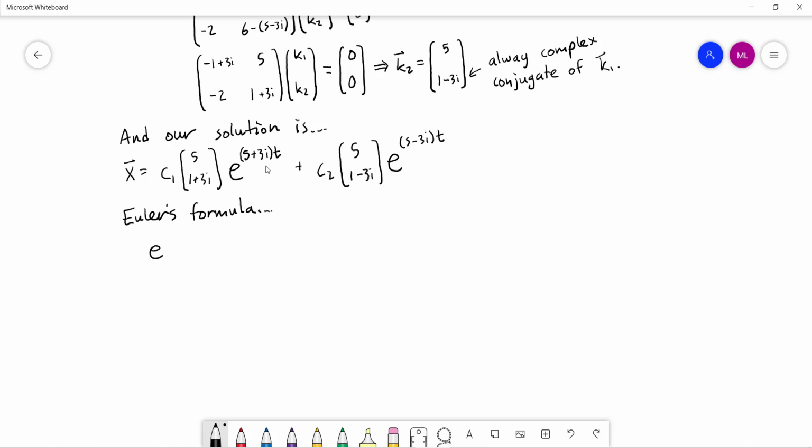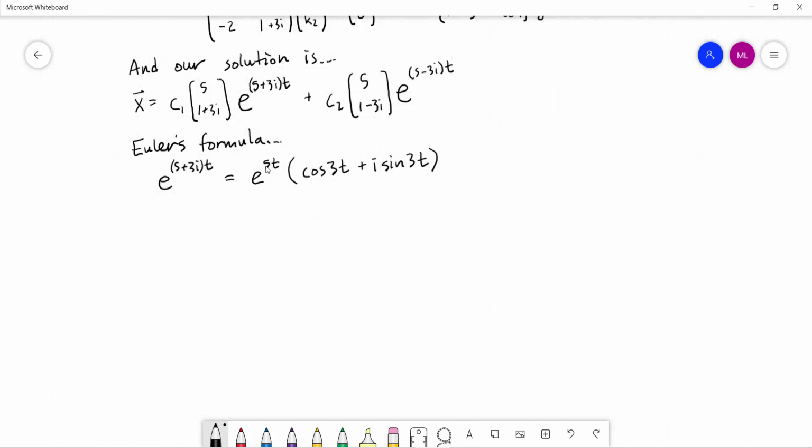We know that basically e to the 5 plus 3i t is really e to the 5t times cosine of 3t plus i sine of 3t. And the other one, e to the 5 minus 3i times t, will be e to the 5t, and for its part, we would basically get cosine of negative 3t, but because cosine is an even function, cosine of negative 3t is the same as cosine of positive 3t.